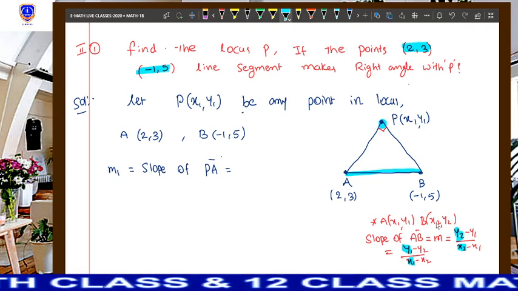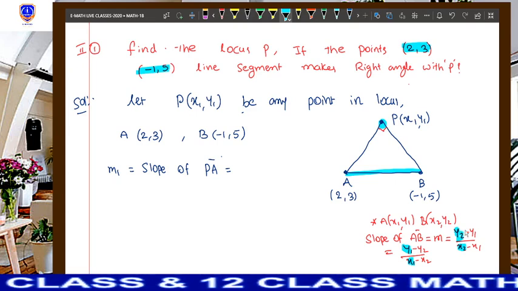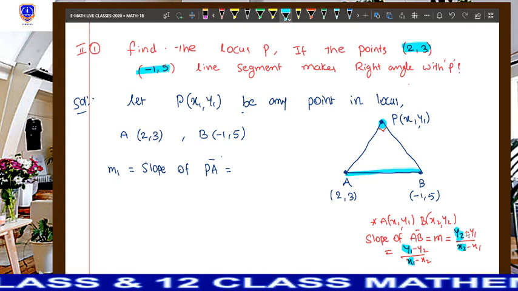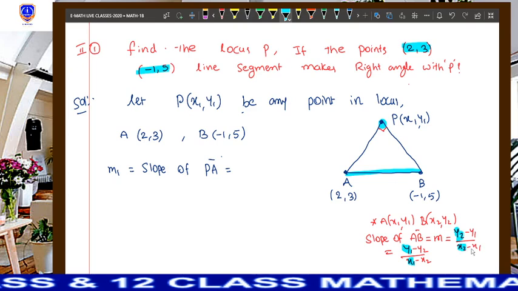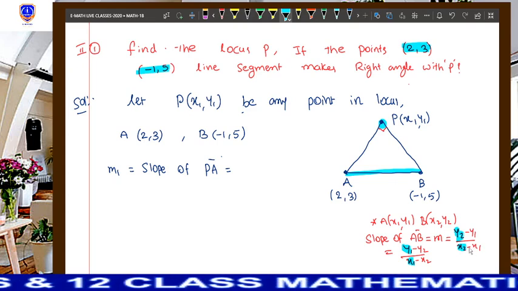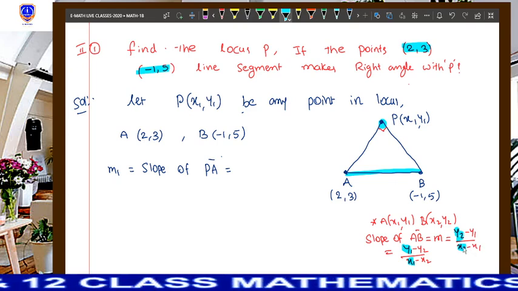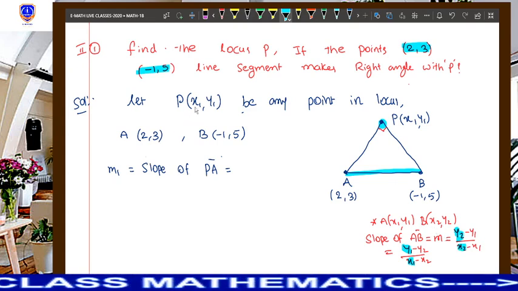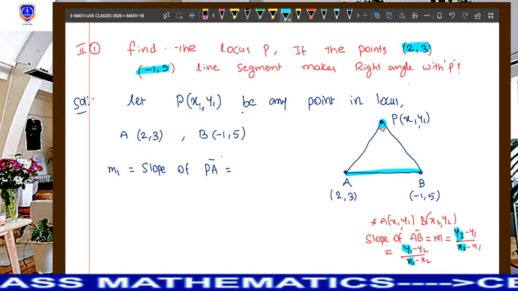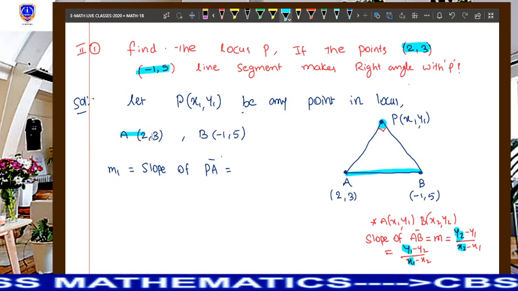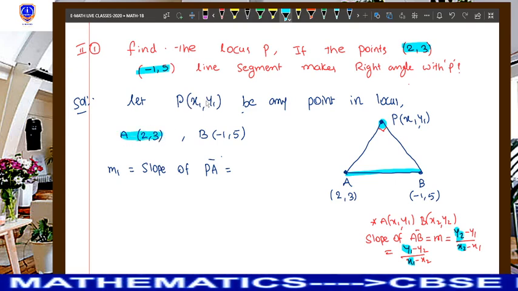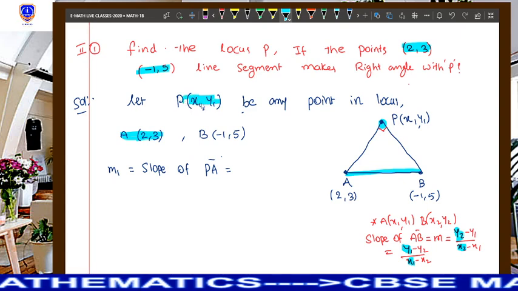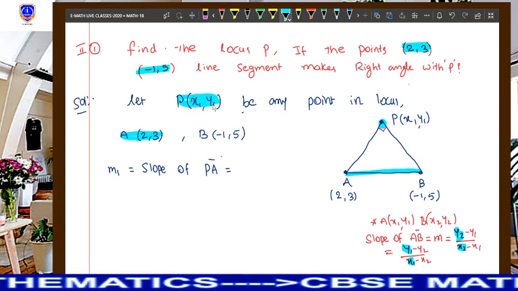And remember, the numerator is always the difference of y ordinates, and the denominator is always the difference of x ordinates. Now take a look at these points, PA and PB. The point P is already x1, y1.